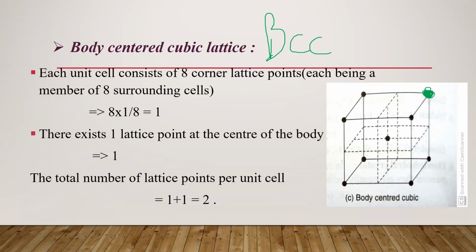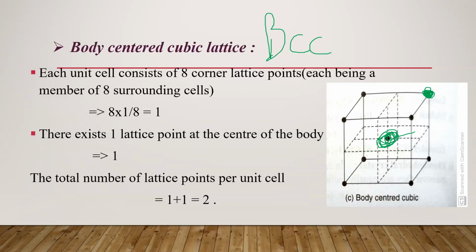So we have 8 corner atoms here in this way. Then there is a single atom sitting here at the center of the body, the center of the unit cell. If you observe, this is not shared between any of the surrounding unit cells.